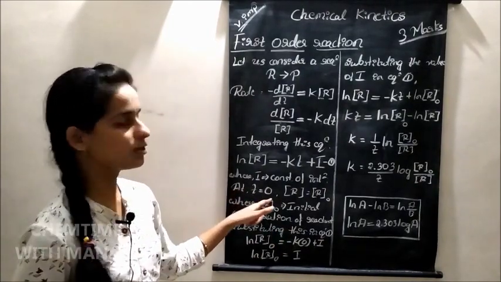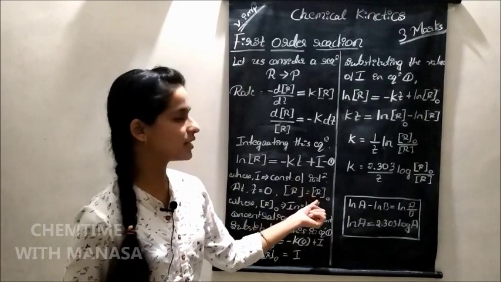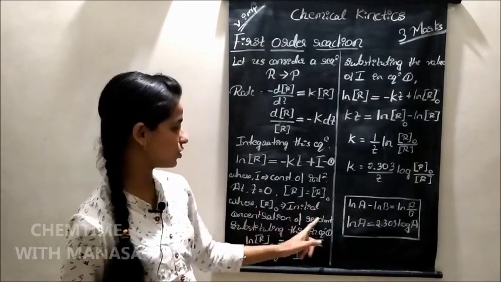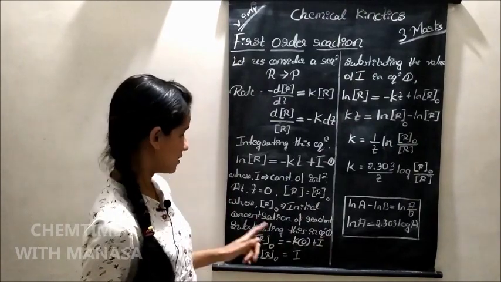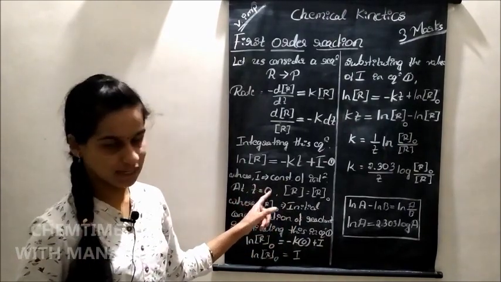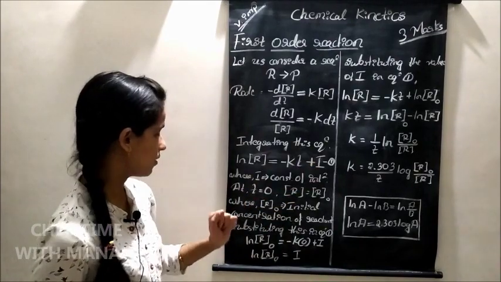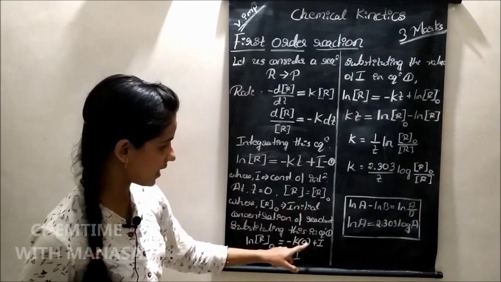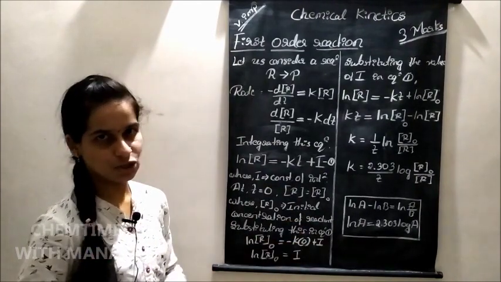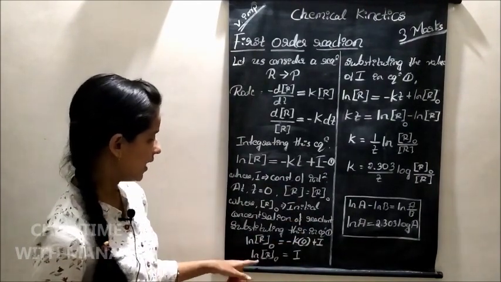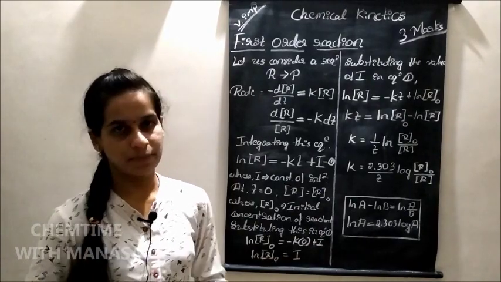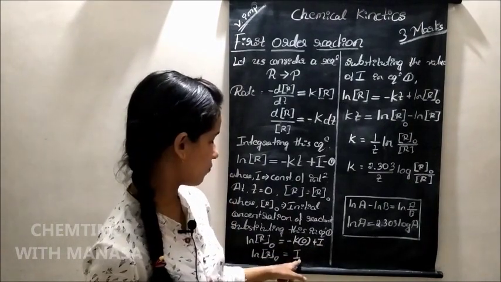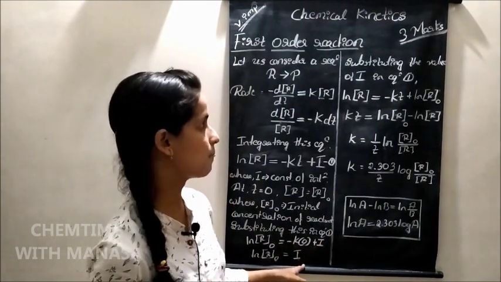At t is equal to 0, concentration of R is equal to R naught, where R naught is the initial concentration of the reactant. Substituting this initial condition in equation number 1, we get ln R naught is equal to minus k into 0 plus the integration constant I. Ln R naught is equal to I. By applying the initial condition, we get the value of the constant of integration I.